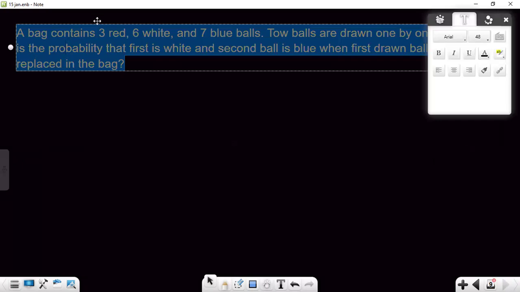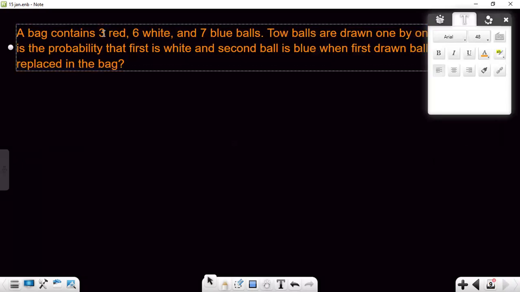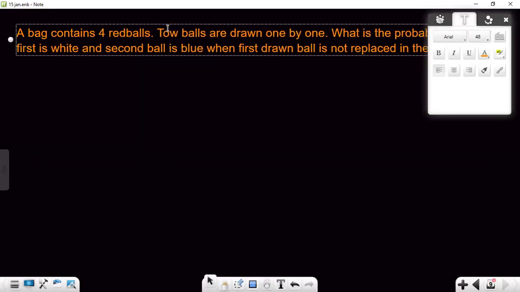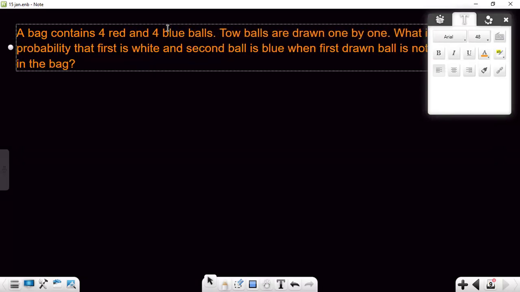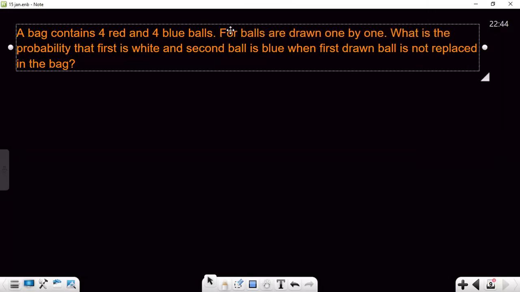This time a bag contains 4 red and 4 blue balls. 4 balls are drawn one by one from the bag.